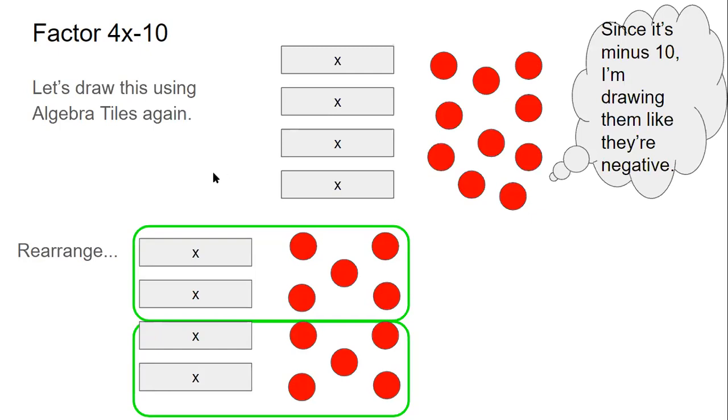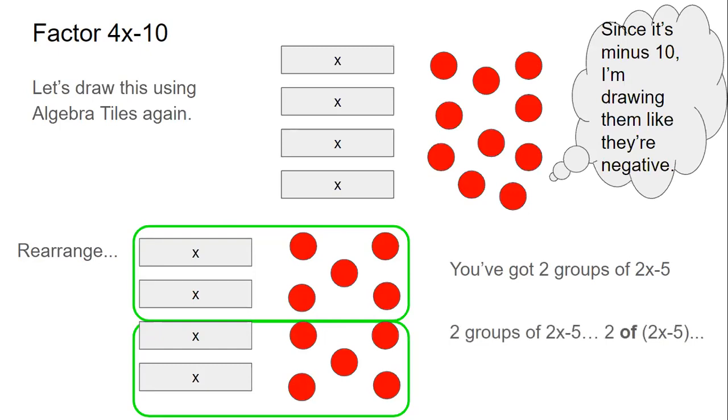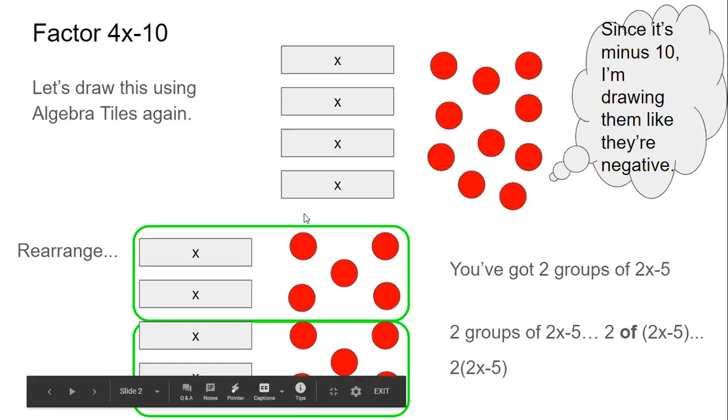You've got 2 groups of 2x minus 5: 2 x's and 5 red dots. Well, 2 groups of 2x minus 5, 2 of the quantity 2x minus 5. Replace that of with multiplication. We've got 2 times the quantity 2x minus 5.